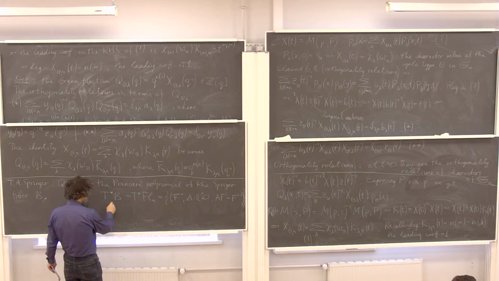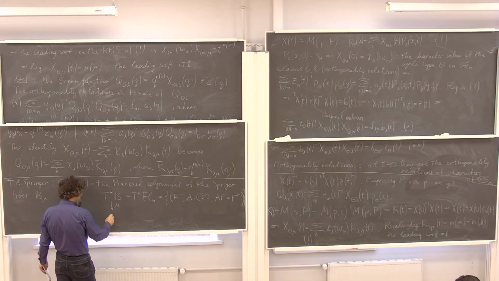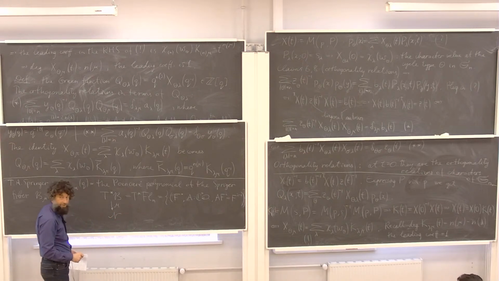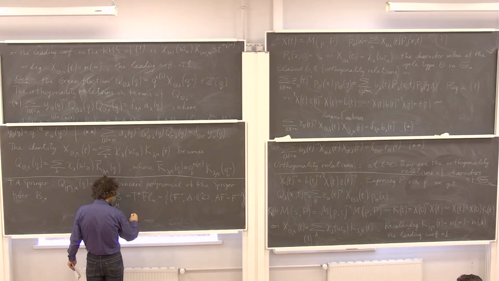And now there is this Springer resolution map to the nilpotent cone, which just forgets the flag.